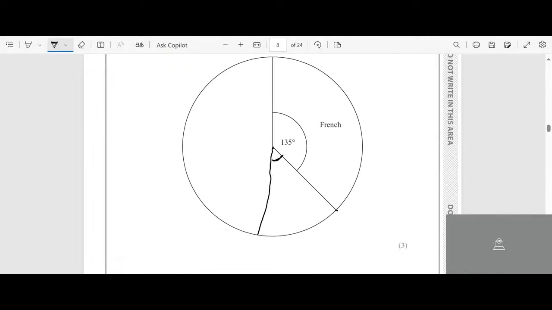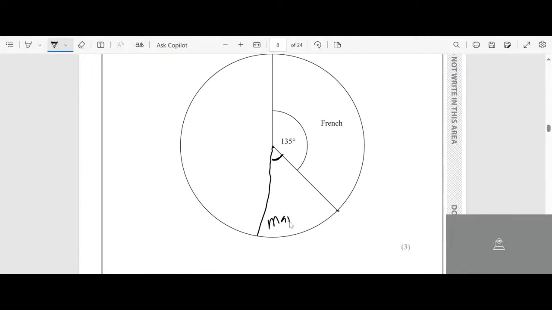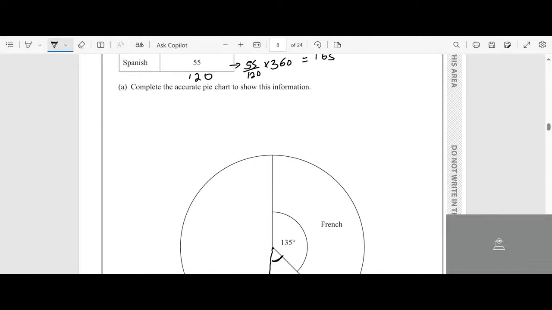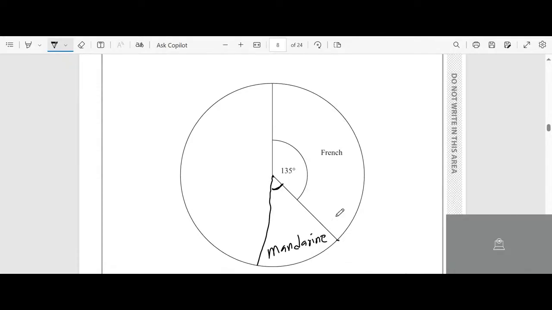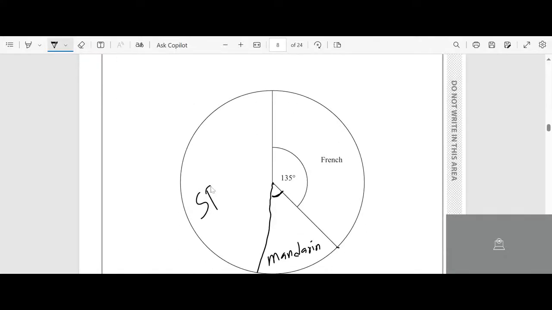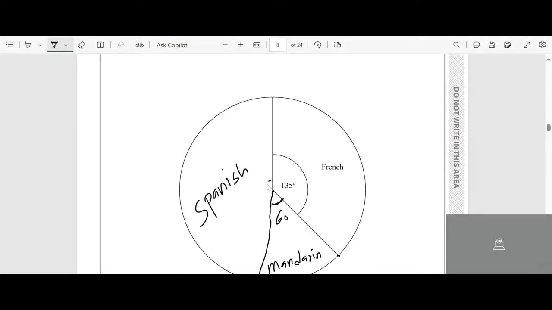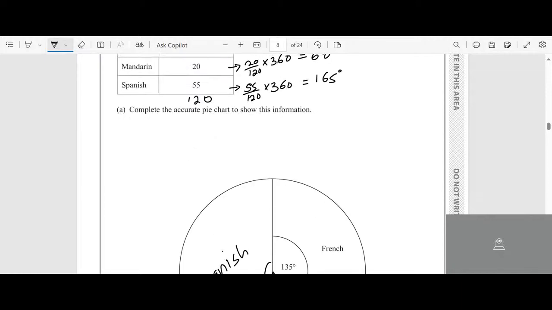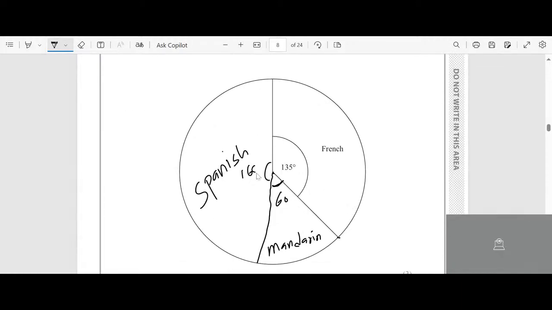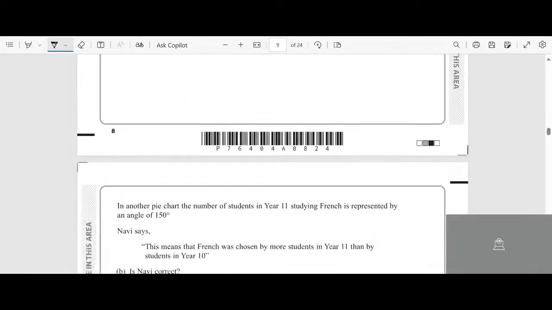So this one is for the Mandarin, and the other one will go for the Spanish. Also, it is advisable to write the degrees, 165. And that is how it is supposed to be completed.